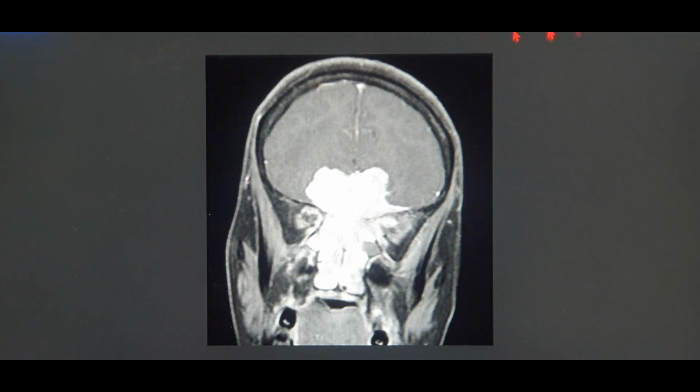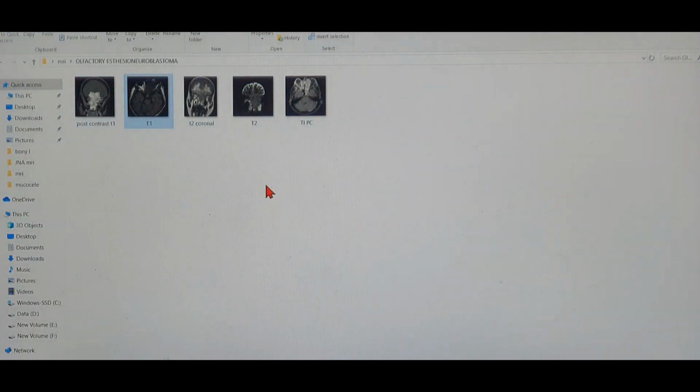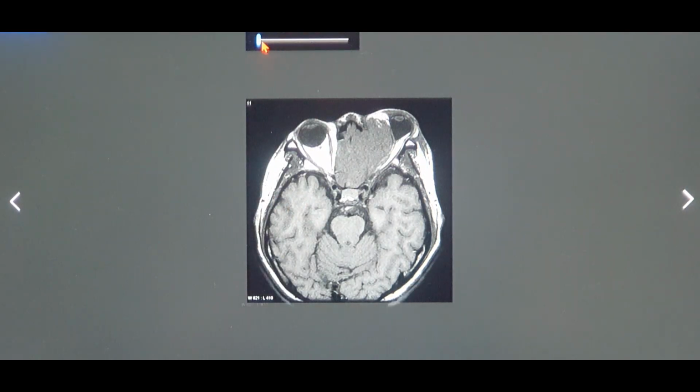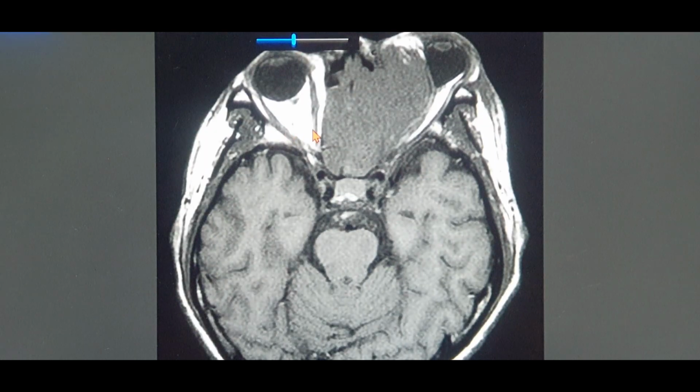Second, we have the other scan as well. Now this is the T1 scan, the same T1 scan but normal without contrast. And as you can see over here, this is a medial rectus, that's the lateral rectus, that's the optic nerve. And you can see the olfactory neuroblastoma, which is actually a malignant tumor, is compressing the left eye globe.